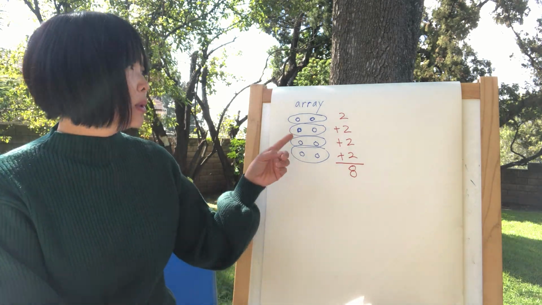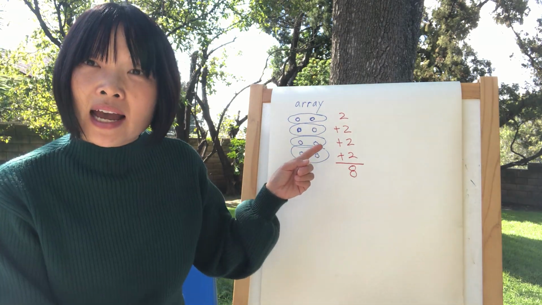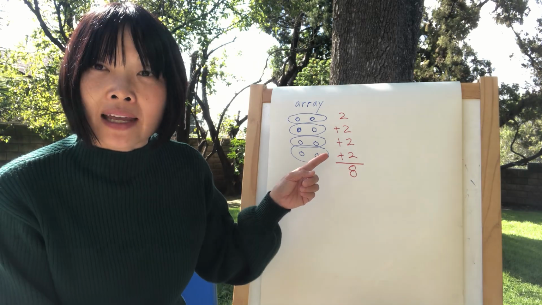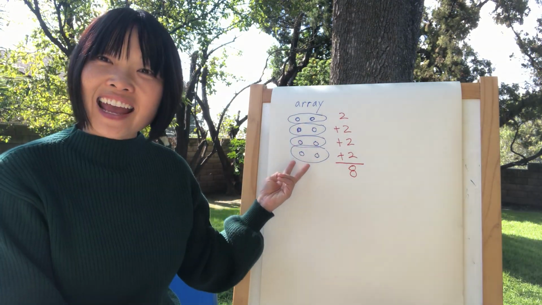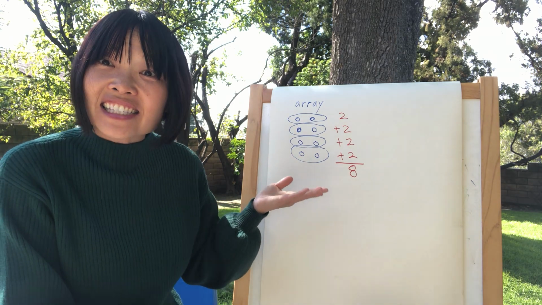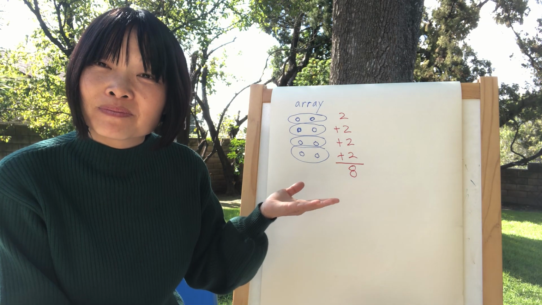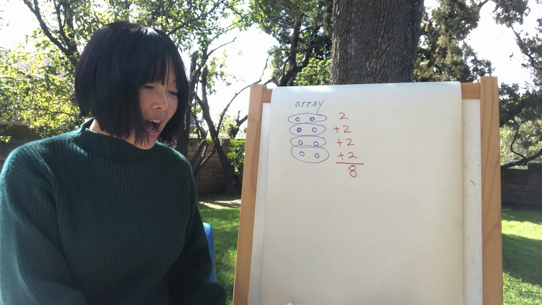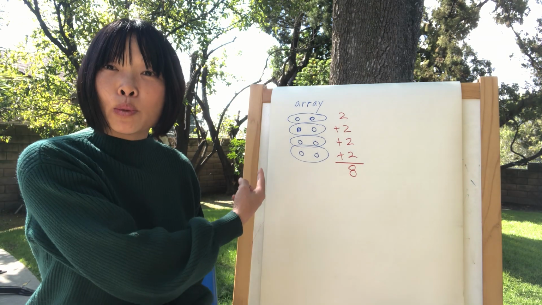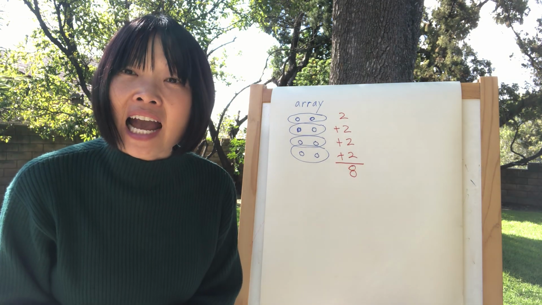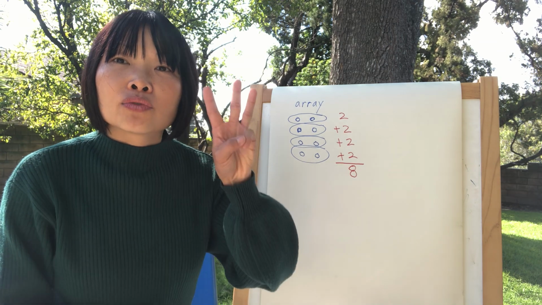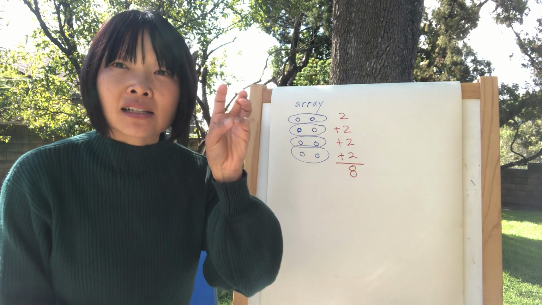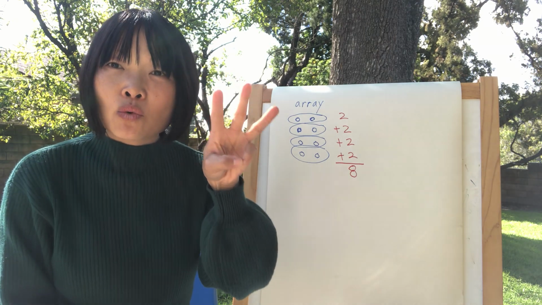In this example, here's what counting by 2 would look like. 2, 4, 6, 8. That's skip counting by 2s. If we had groups of 3s, then counting with 3s would sound like this. 3, 6, 9, 12.